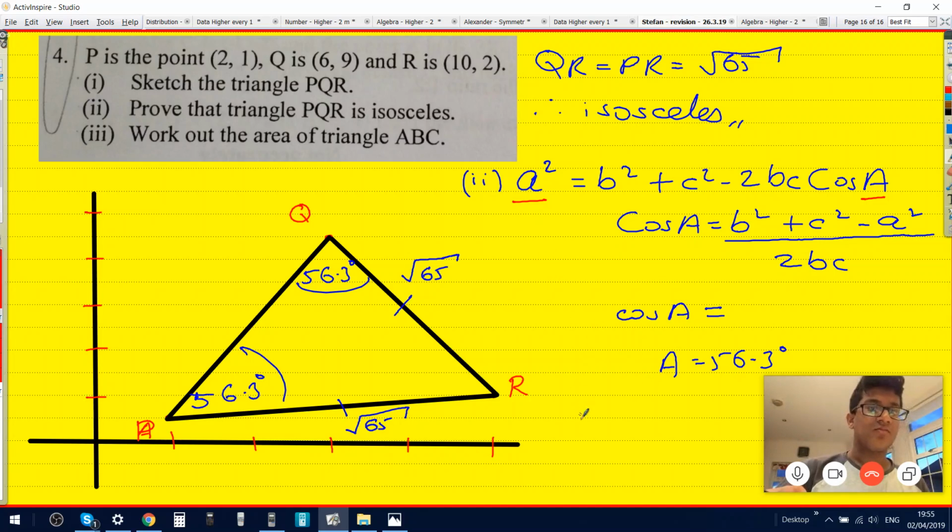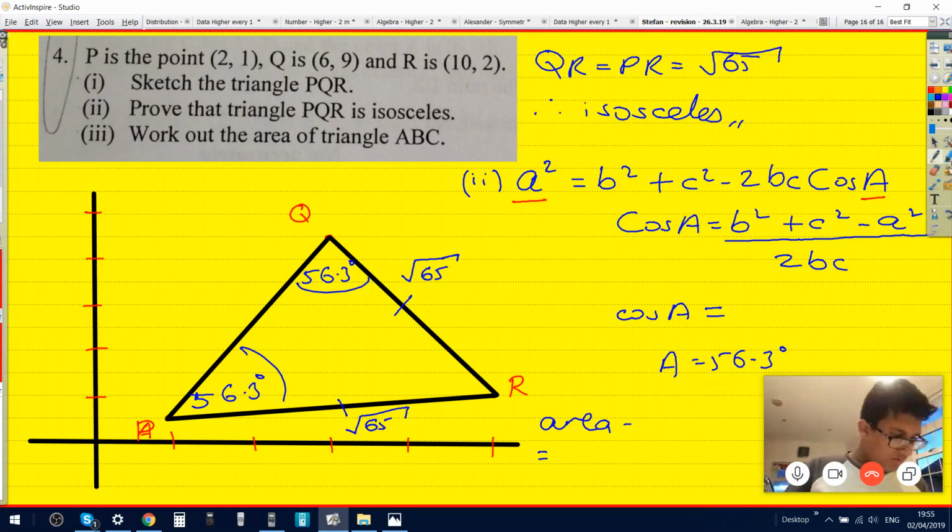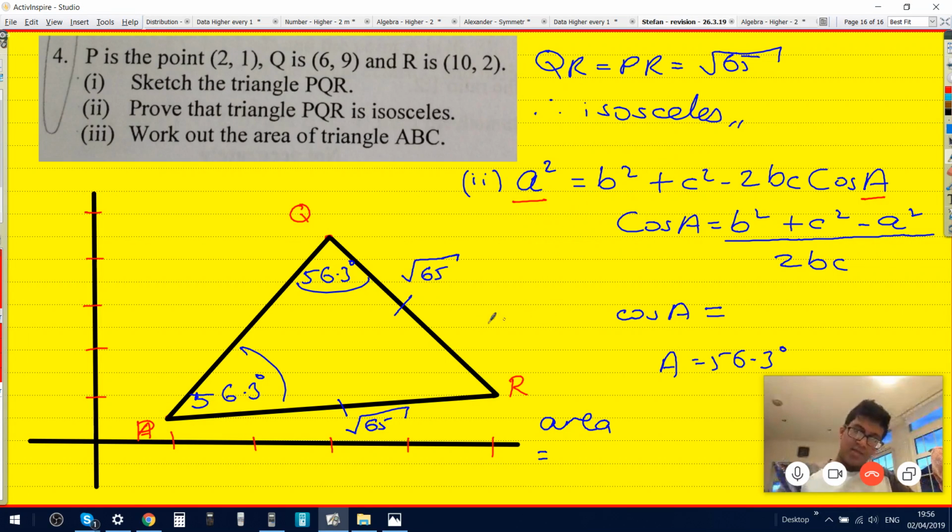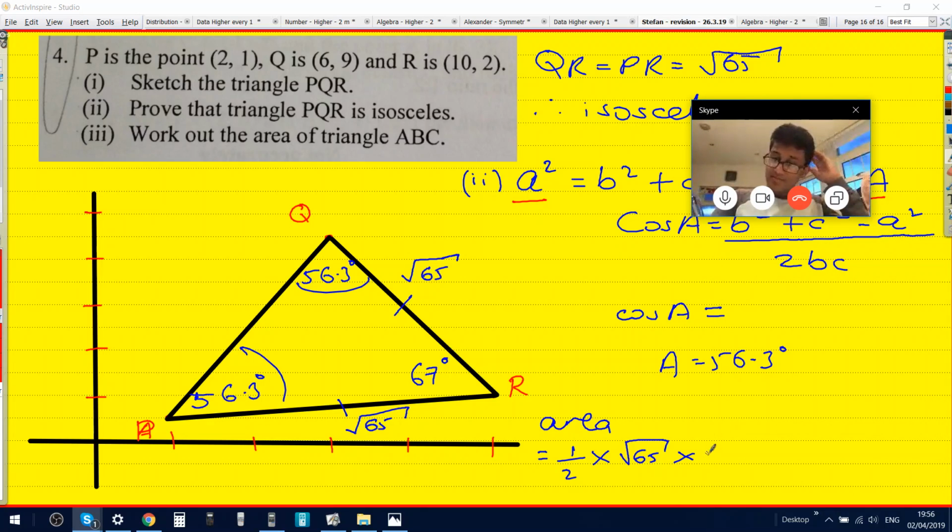Yeah, so area. Okay, so we need to do 180 and then we have to use half AB sine C to get the answer. That's a half of A, which is root 65, times root 65 again, times sine of 67.4.